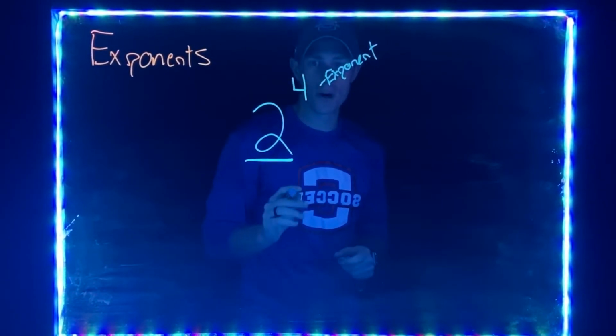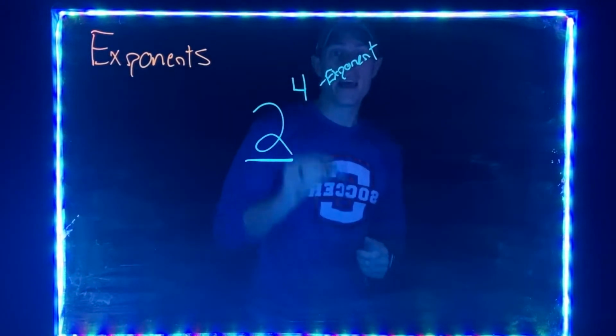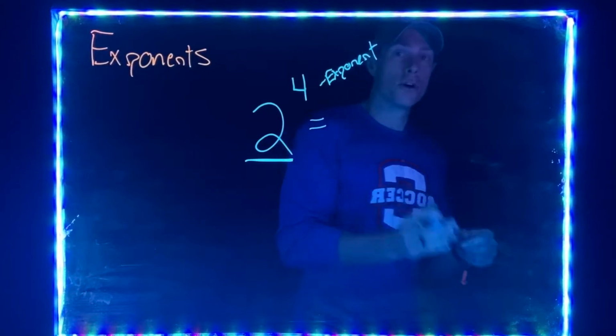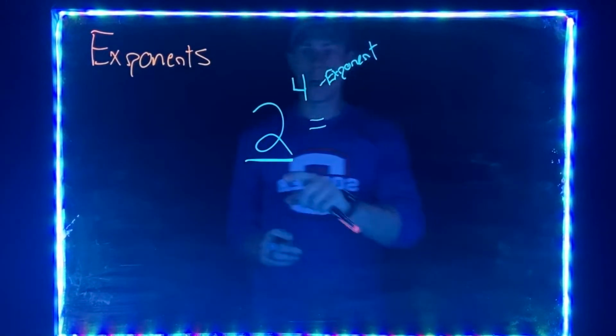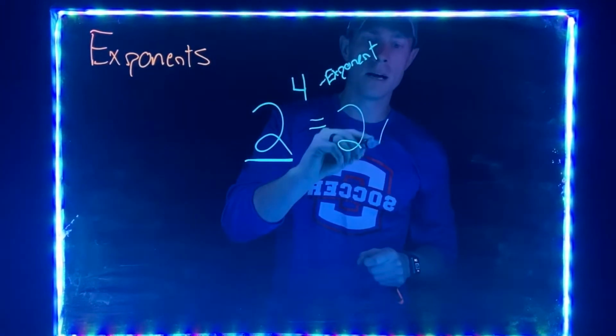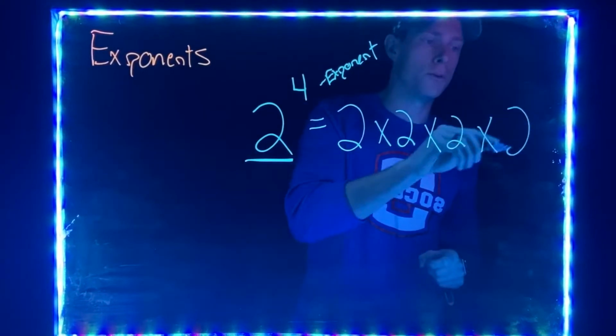Now, the two different parts: the base is the number that we multiply. The exponent is the number that tells me how many times to multiply the base. So if 2 is my base, I'm going to go 2 times 2 times 2 times 2.